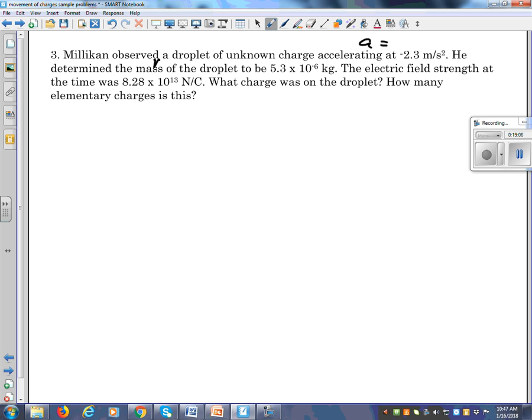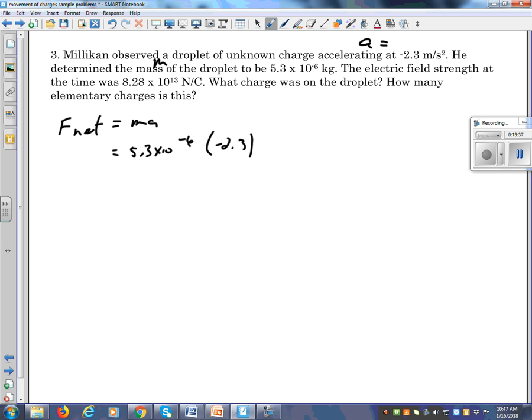Okay, so anyways, we've got an acceleration and a mass, so with an acceleration and a mass, we can find an F net. Is that the first thing you did? There might be a few steps that could be in a different order here. So we're going to find the F net. 5.3 times 10 to the minus 6 times the acceleration, minus 2.3.